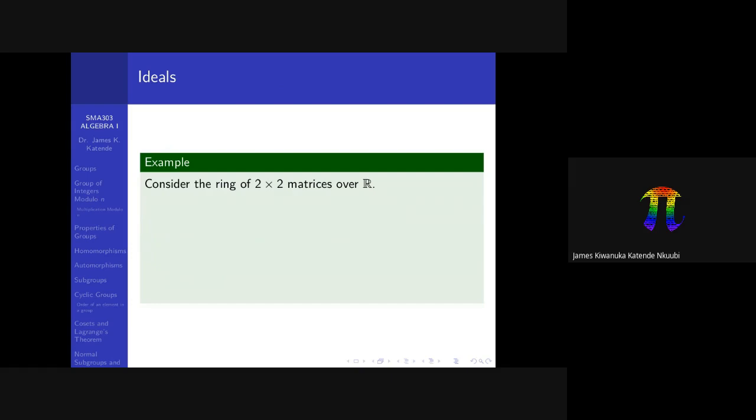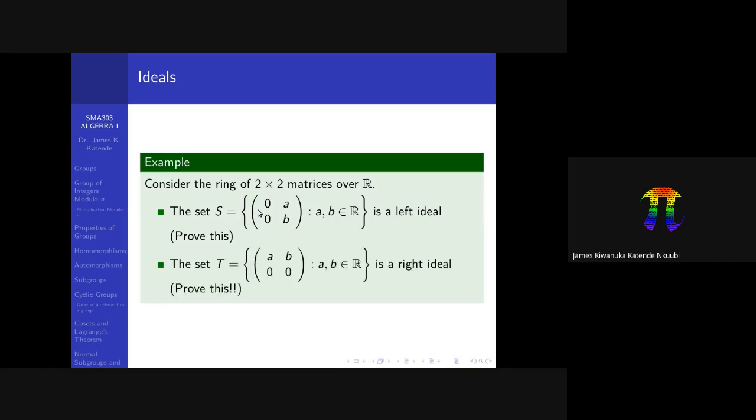So consider this ring of 2 by 2 matrices. You can check that this set S is a left ideal. What this means is if you pick any other 2 by 2 matrix and multiply it on the left of a matrix from S, you will get another matrix in S. You can also show that this other set T is a right ideal.